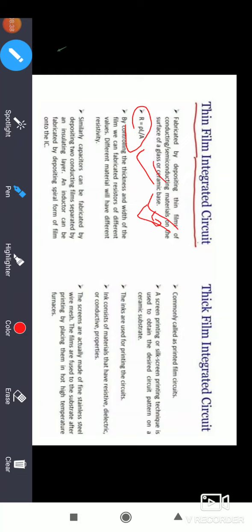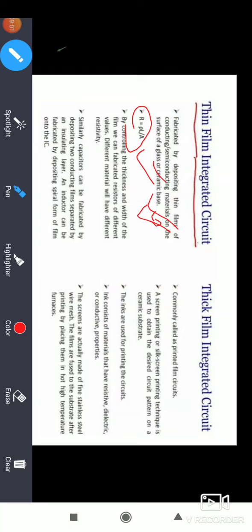If you see the printing layer on any cards, some thickness can be seen, that is screen printing. The thick film integrated circuit is also called screen printing.